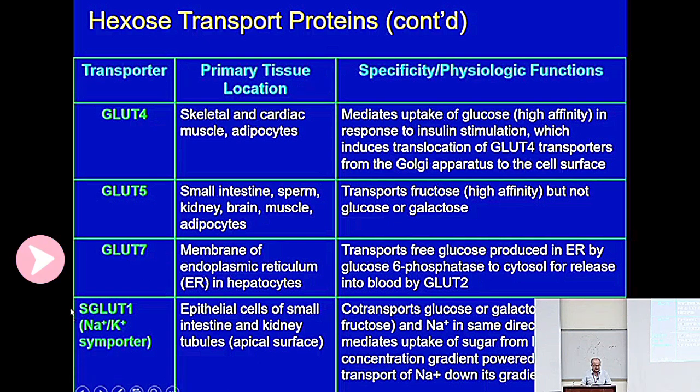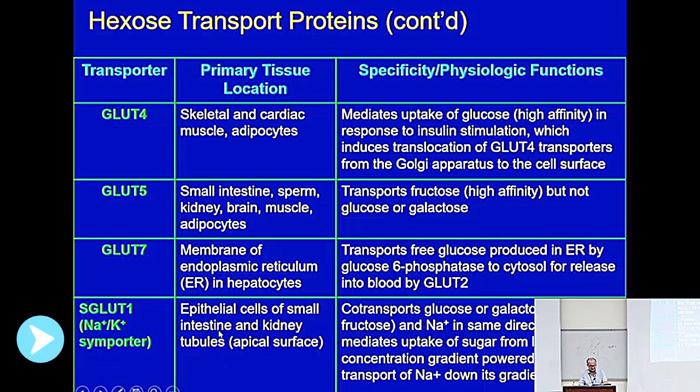And the last one here, the symporter of sodium and glucose, or galactose, is part of primarily of the intestinal epithelia and of the small intestine and kidney tubules, and that's important in the absorption of glucose from the diet.